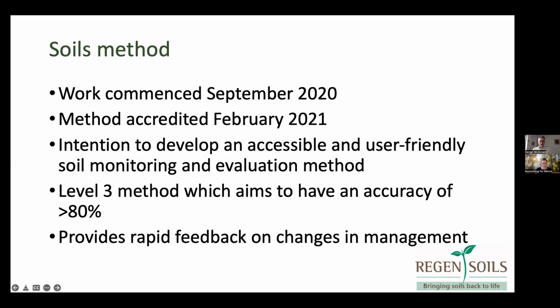So we elected for a level 3 method, which aims to have a confidence value of better than 80%. But it's a method that landholders were able to use to provide rapid feedback on changes in management, or even to identify aspects of the soil condition that were, if you like, letting the side down.